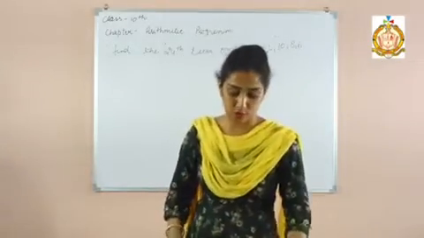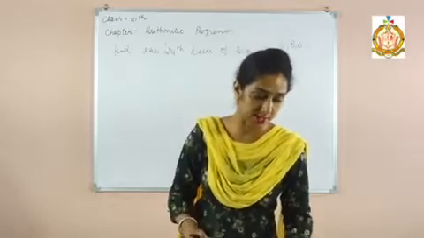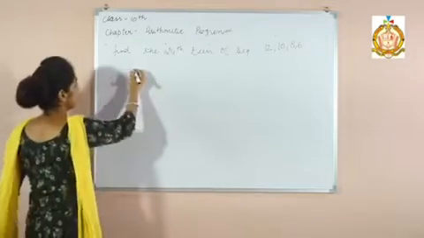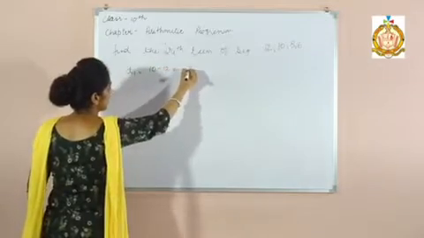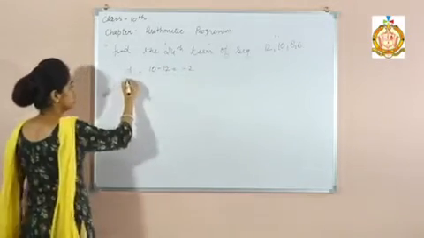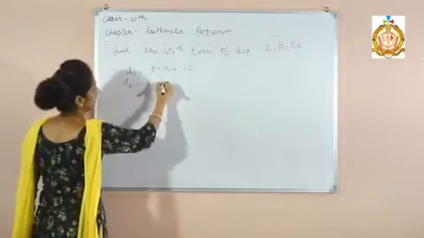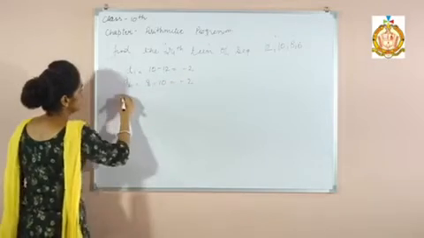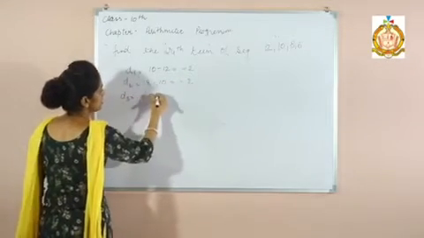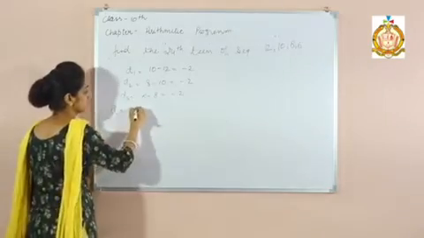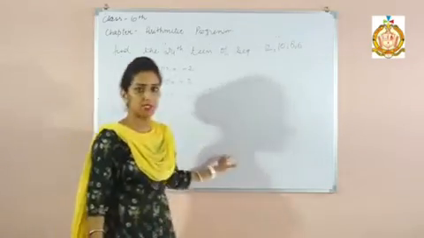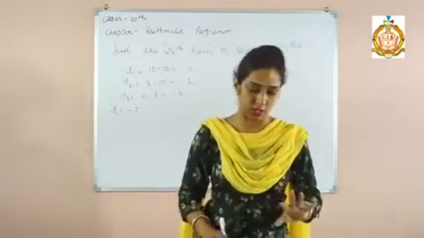Now, first of all, we have to find the common difference. D1 is 10 minus 12, which is minus 2. D2 is 8 minus 10, which is minus 2. D3 is 6 minus 8, which is minus 2. So the common difference is minus 2. Hence, the given sequence is in AP.